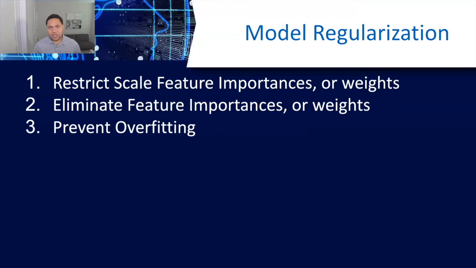So model regularization aims to restrict scaling of some feature importances or the weights of your model, or it can be used to eliminate feature importances. Now, why would you use regularization? Well, the answer is in point 3. You are seeking to prevent overfitting. Overfitting is a common problem within data science, within machine learning. It just means that your model is learning way too much from the training data and not generalizing enough.